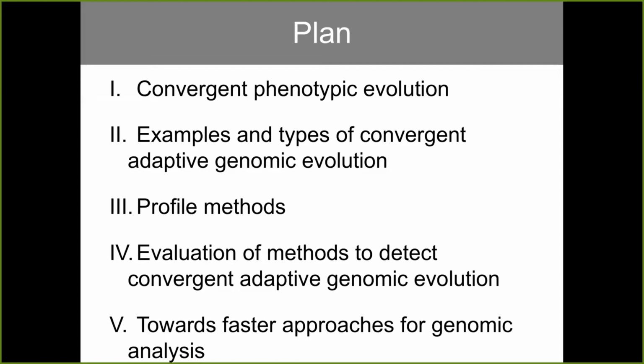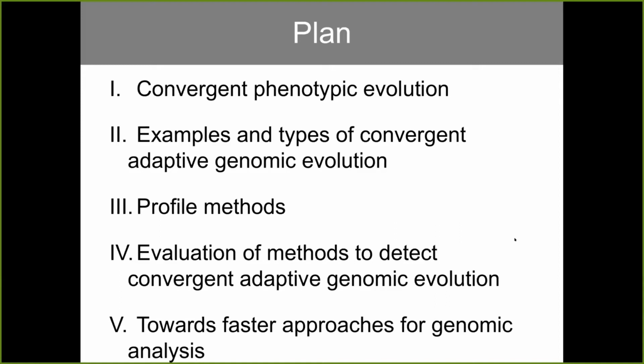So the plan of this talk is the following. First, I will explain what I mean by convergent phenotypic evolution. Then I will give you a few examples of adaptive convergent genomic evolution. Then I will introduce a particular type of method that we think is a good way to approach the detection of those examples of convergent molecular evolution, which we call profile methods.